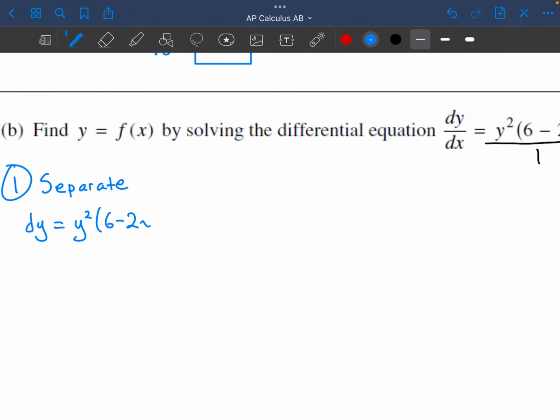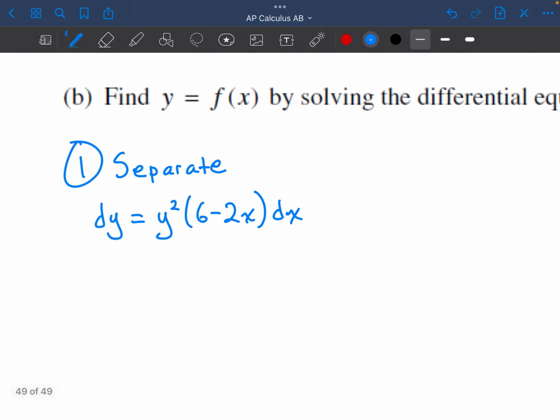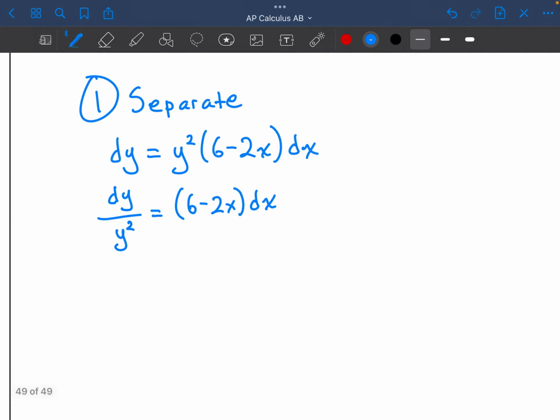I feel like I've seen it enough times at this point, with a dx. All right, we have not separated yet. We need to pull that y squared to the left-hand side. So dy over y squared is equal to the quantity of 6 minus 2x dx. Cool. Now I have separated. Step number 2 is to integrate.